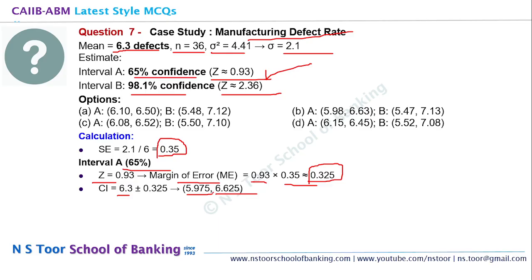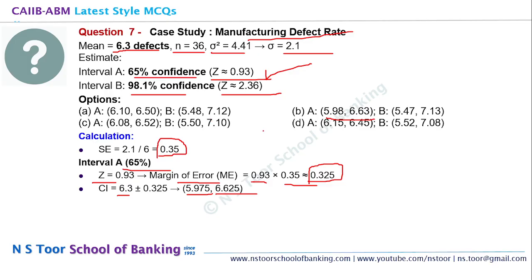So my 65% confidence interval range will be between 5.98 and 6.63.